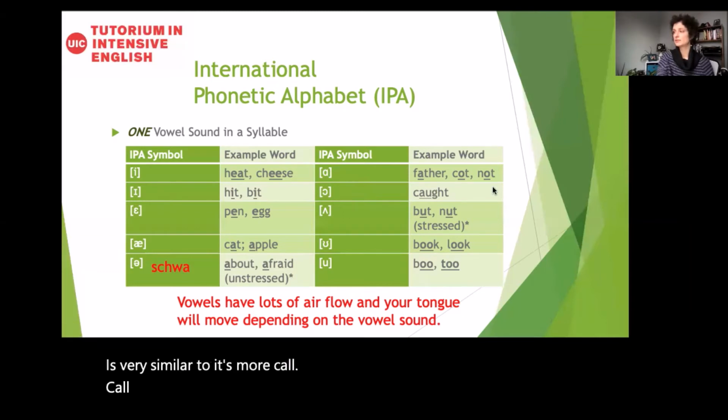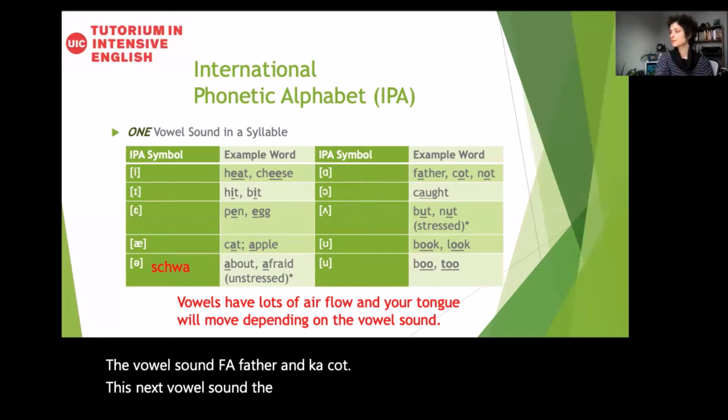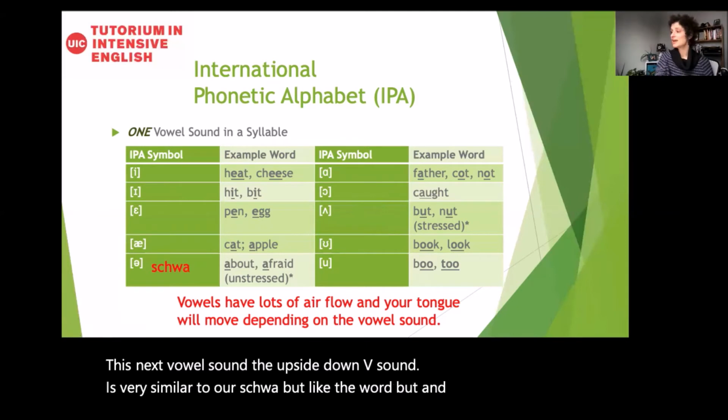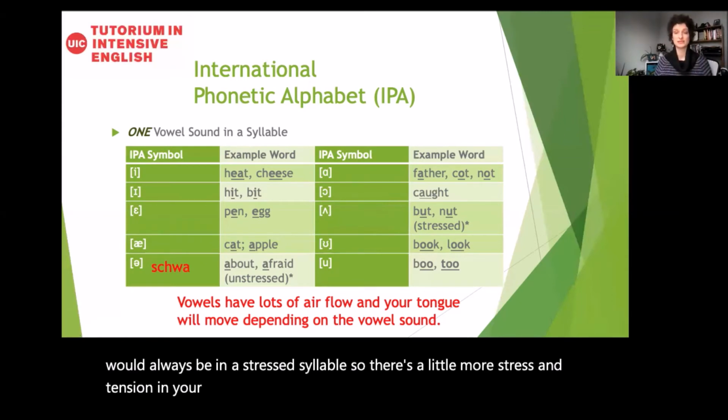So we have the vowel sound fa, father, and ka, cot. This next vowel sound, the upside down V sound, is very similar to our schwa, but, like the word but and nut, this sound would always be in a stressed syllable. So there's a little more stress and tension in your mouth when you make this vowel sound because it's in a stressed syllable.